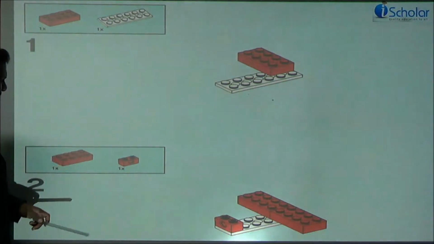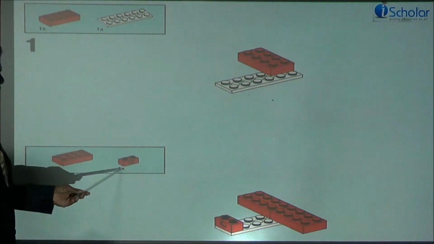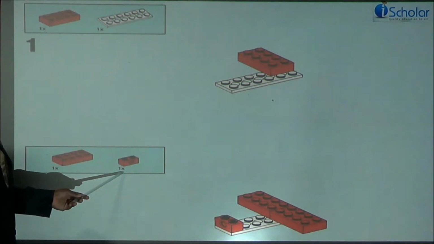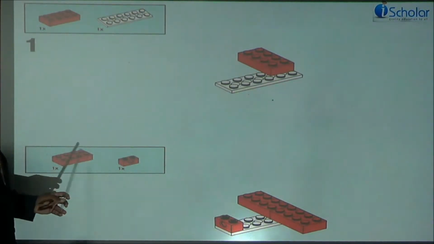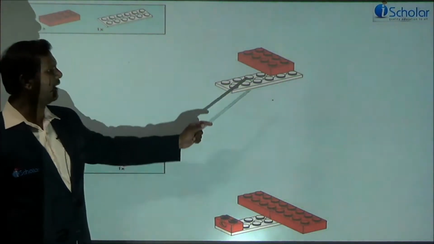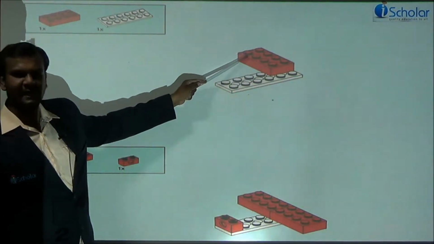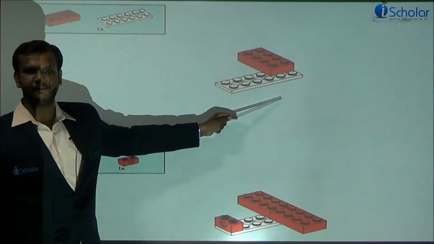Good. Step 2, a similar red color block we have to take, followed by two dotted red color small blocks. Okay. So take these two and take the bigger one and put this side. In step 1, we have placed it towards that side, right? Just adjacent to that, place another red block.